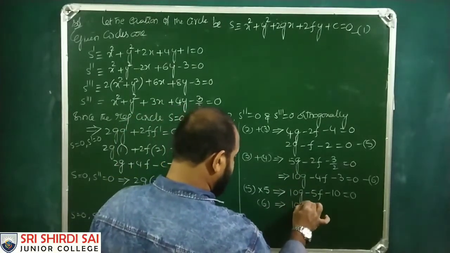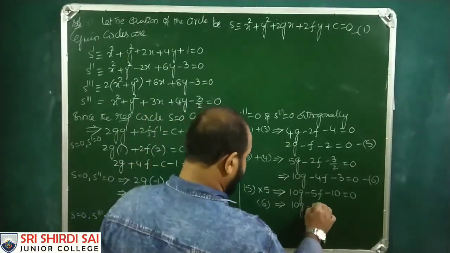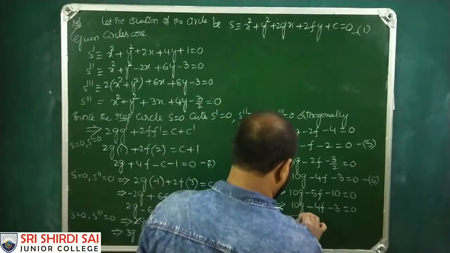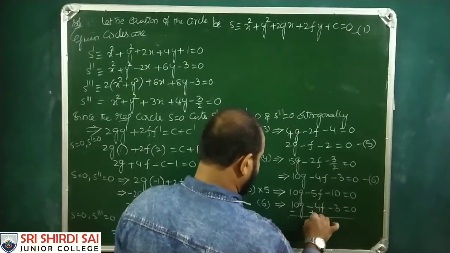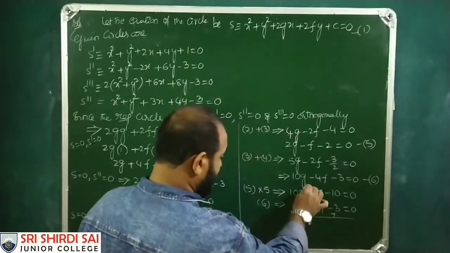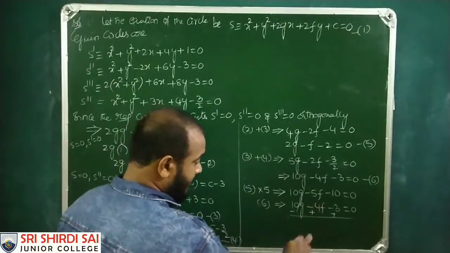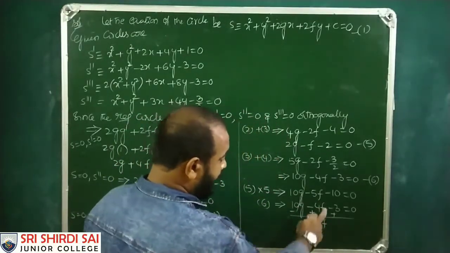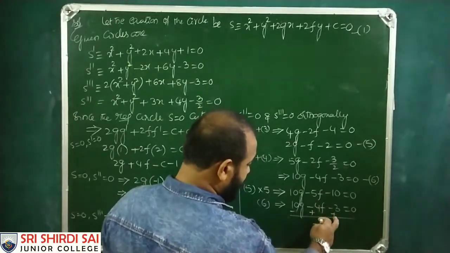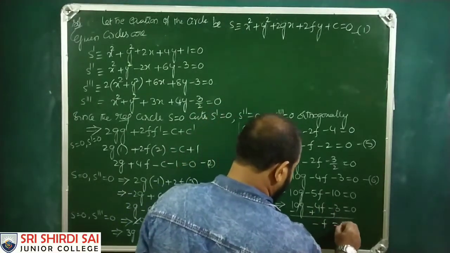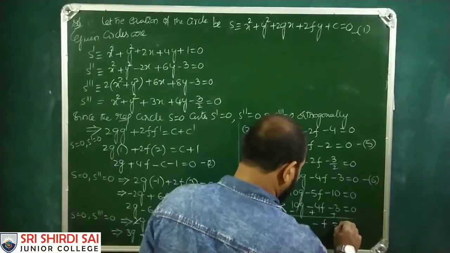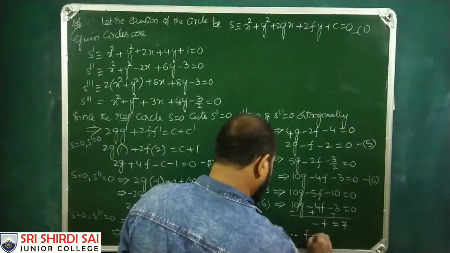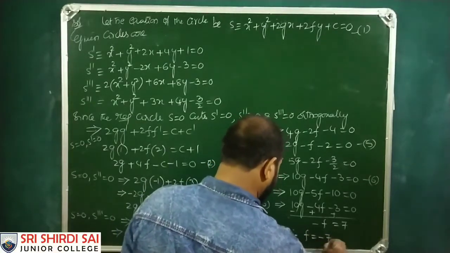So 10g minus 4f minus 3 equals 0. I will subtract: minus plus plus. So 10g cancels. Minus 5f plus 4f is minus f. Minus 10 plus 3 is minus 7. If you take it to that side, it will be plus 7. Therefore, f equals minus 7 I get.